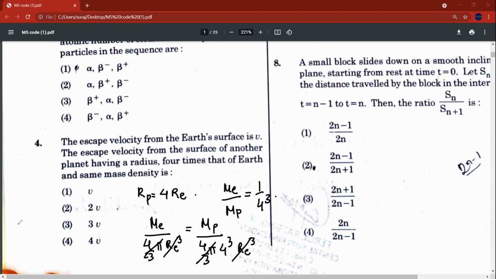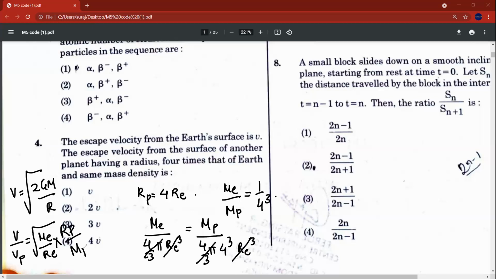What are they asking? Escape velocity. What is the escape velocity formula? v is equal to root over 2GM by r. So for Earth it is v. For another planet, let's say planet P, it will be root over G M of Earth by radius of Earth into radius of planet by mass of planet. Now Me by Mp is 1 by 4 cube, and Rp by Re is 4.